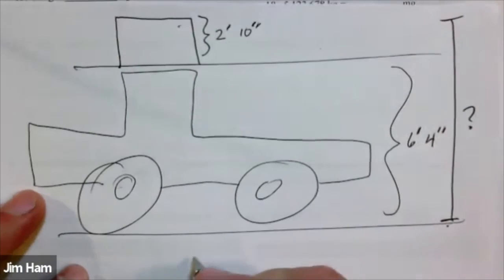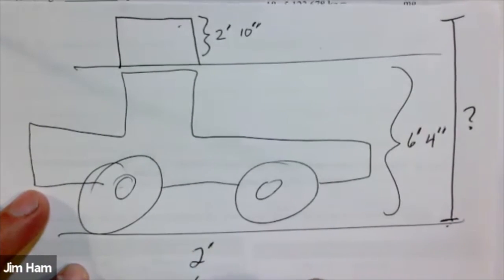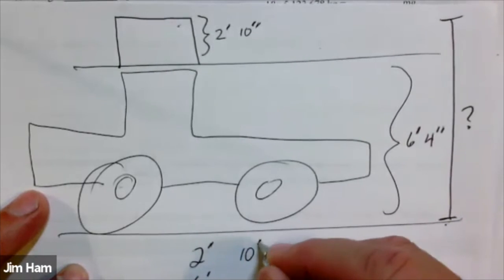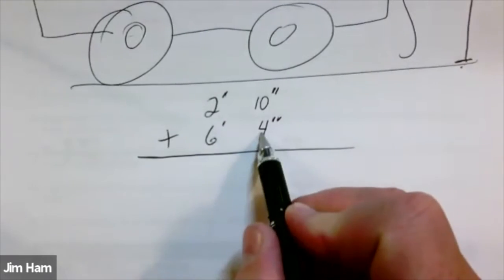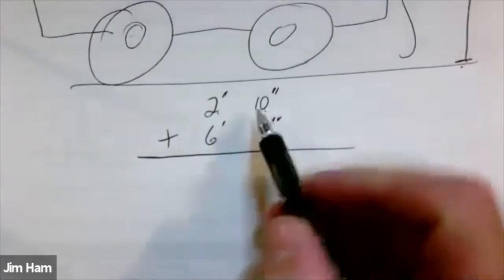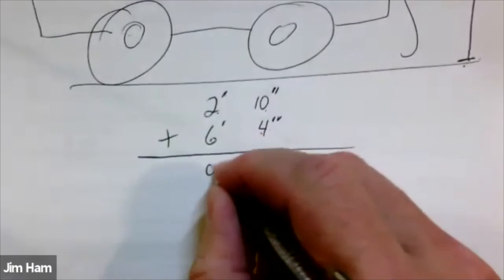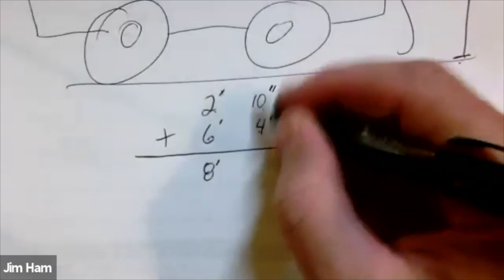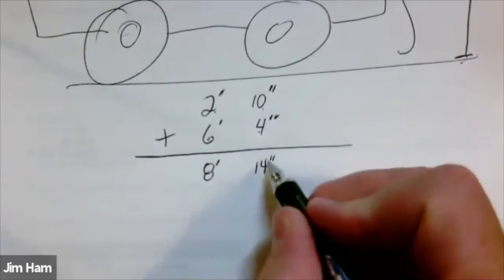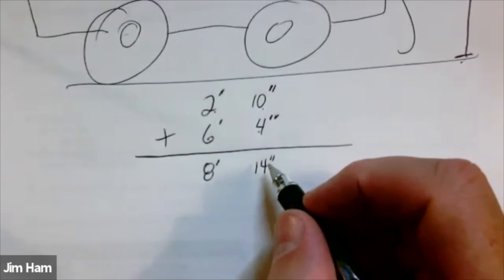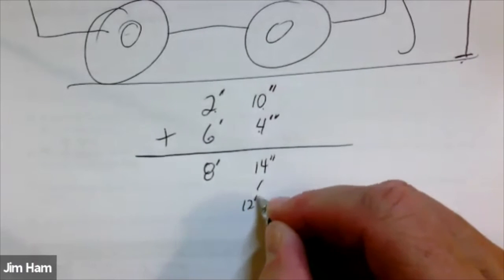So what we can do here is we can add the feet and then add the inches, and it would look something like this. So we've got the 6 foot 4 and the 2 feet 10. If you add the feet, you get 8 feet. If you add the inches, you get 14 inches. But if you're going to report something in feet and inches, you want the number of inches to be less than 12, because 12 inches is equal to 1 foot.